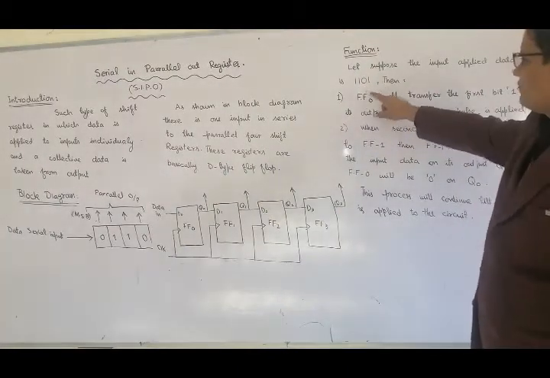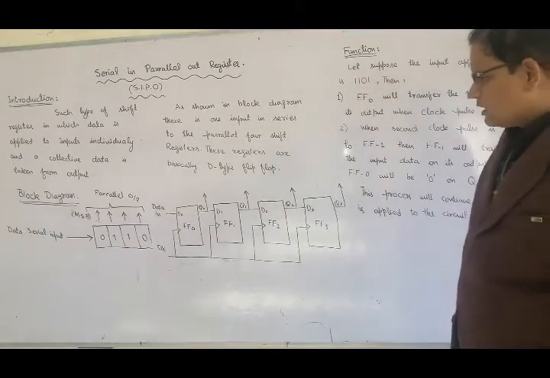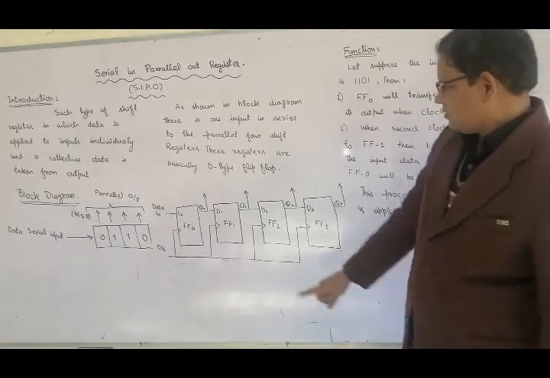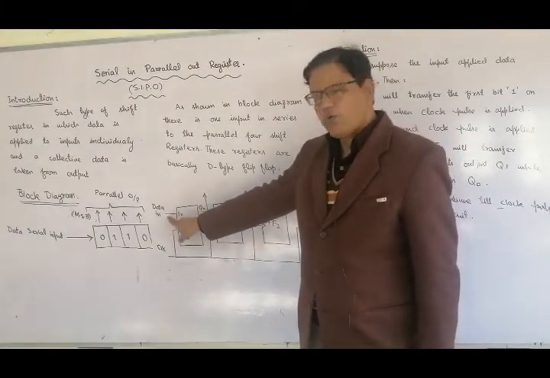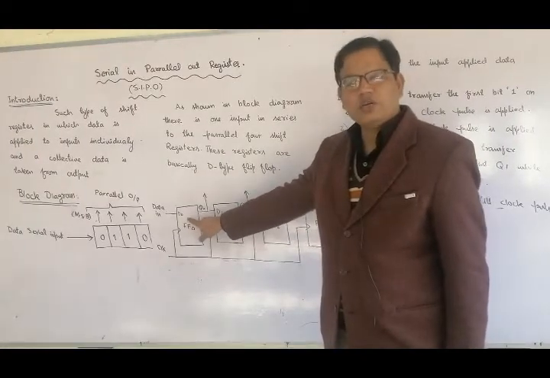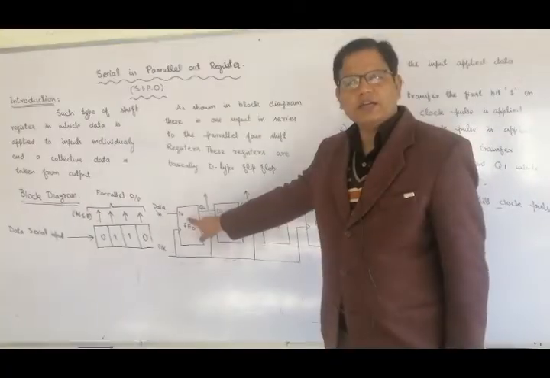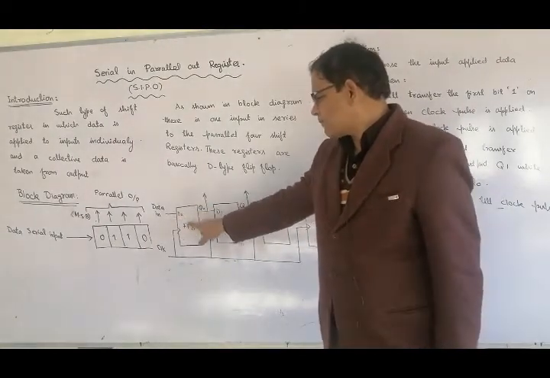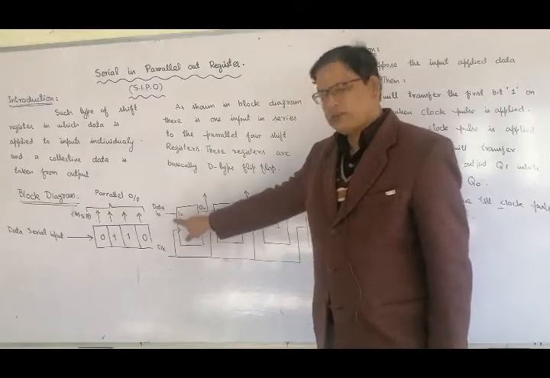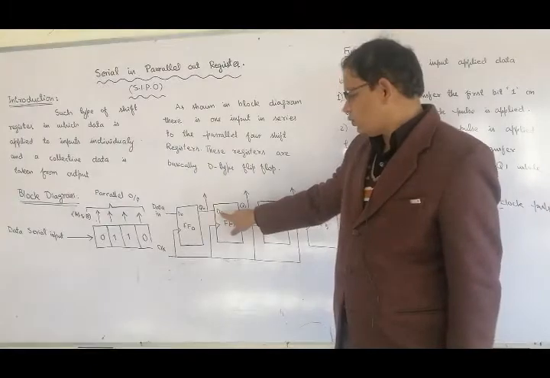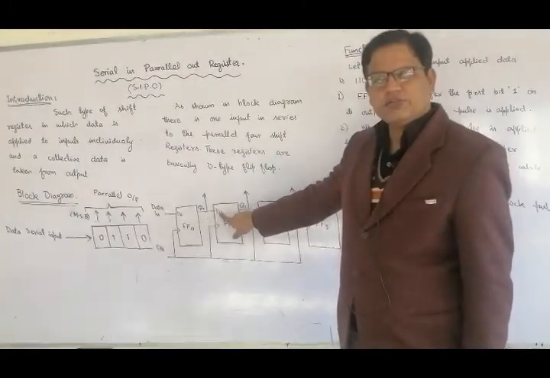Function: let's suppose the applied data is 1101. When we apply 1 over here, at flip-flop number 0, according to the D-type flip-flop timing diagram, as you know, when we apply the clock pulse, the data will move towards this output Q0, which is also the input stage of FF1.